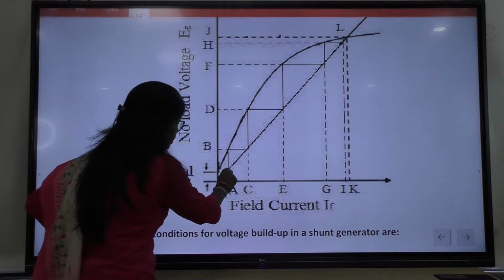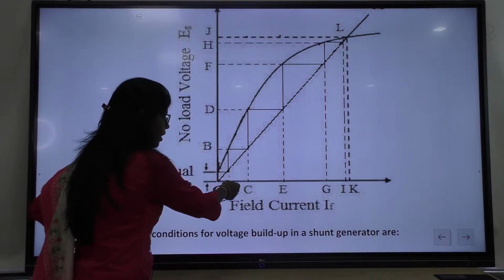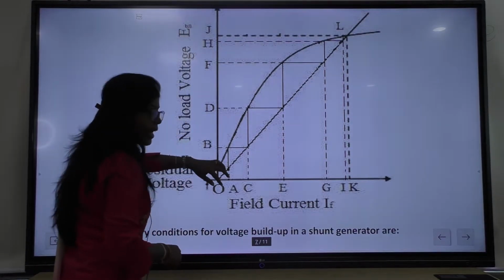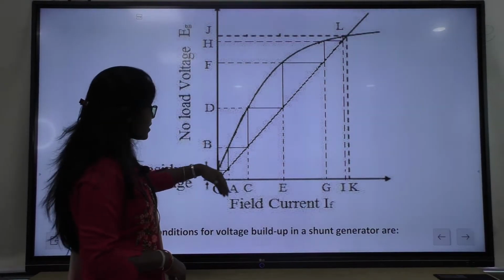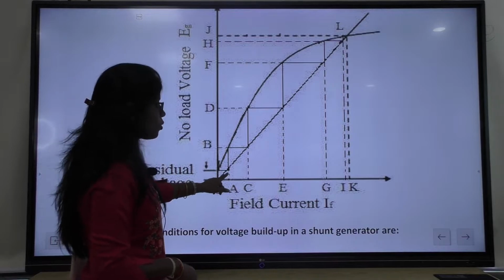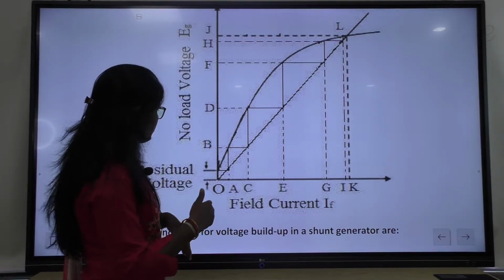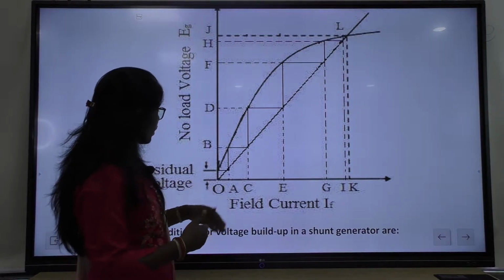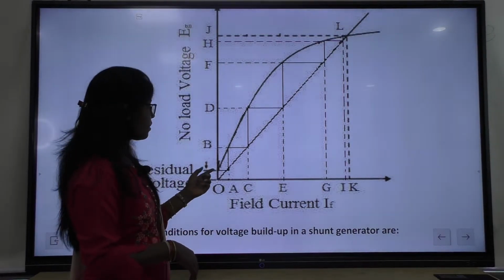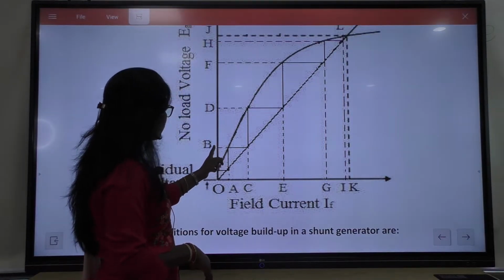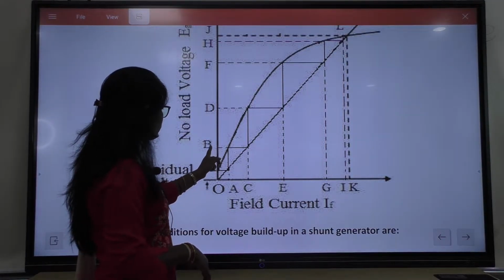Due to that residual voltage, the IF current flows in the winding, and that IF current will add to the main field flux. So due to that our EMF will build up. As the flux adds to the main flux, the current adds, and due to that flux, new voltage will build up.